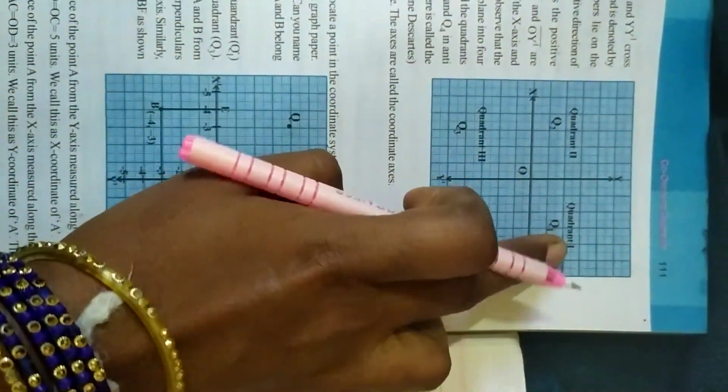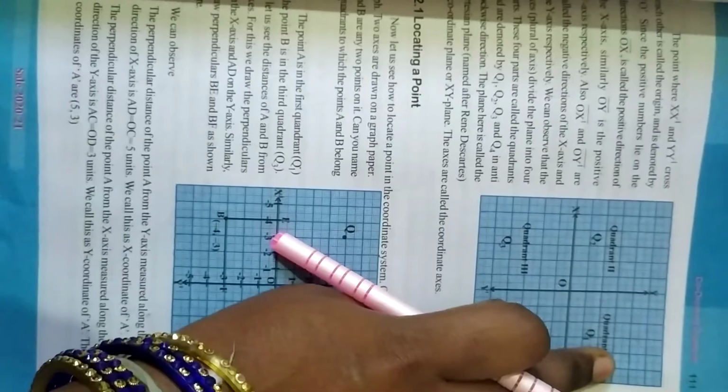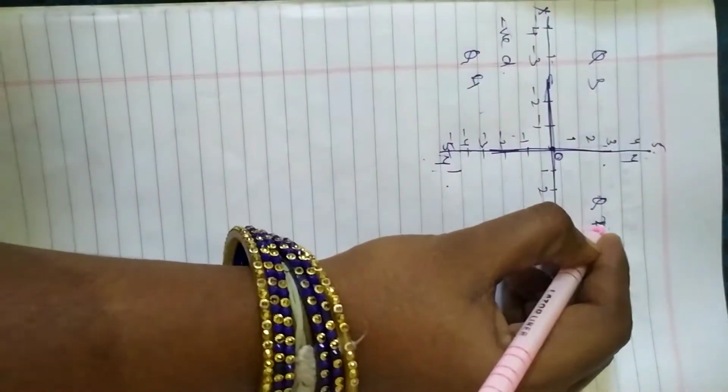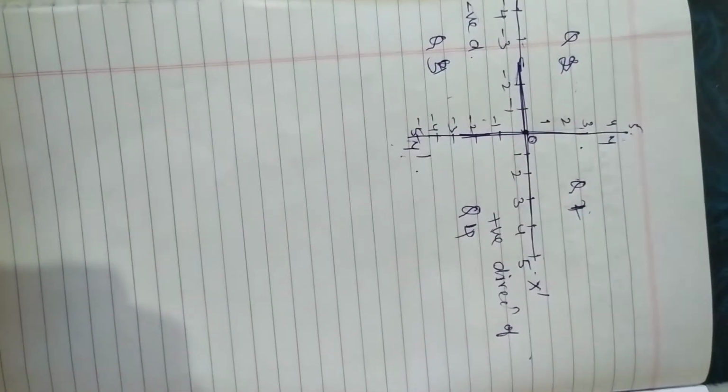In your textbook it is like this, quadrant 1, 2, 3, 4. This is your Cartesian system.